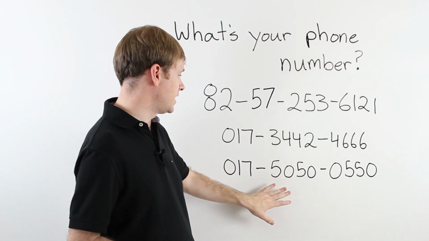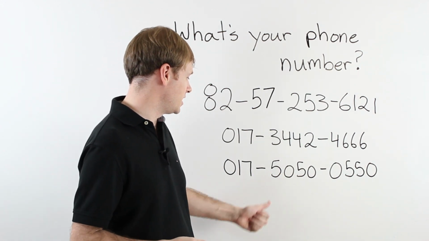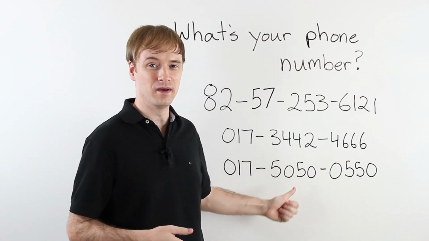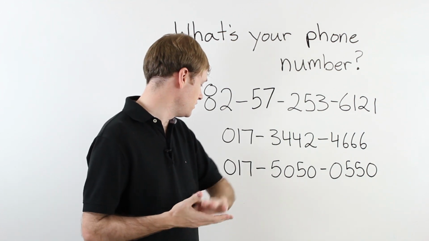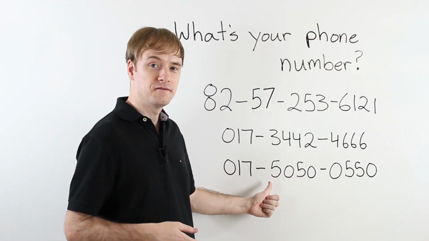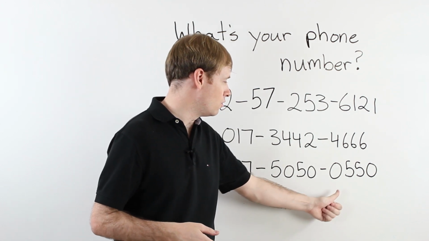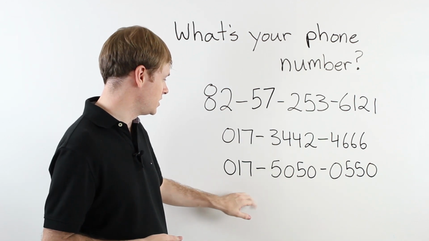Let's move on to the last one. The last one is a nightmare because it has 5 and O. Many 5s and O to get confused. Don't get confused. So this number 017 5050 0550, okay?